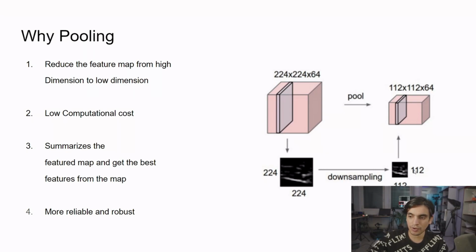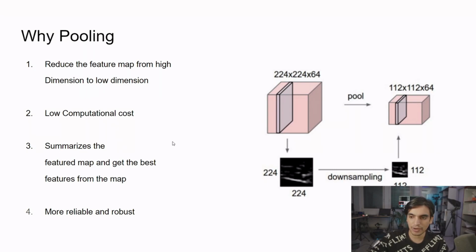This also helps us to reduce the computational cost. For example, in the next layer, if we perform the convolution on the image with the bigger size, it will take more time. If we perform the convolution on the smaller image, it will take less time. So this is how pooling also helps in reducing the computational cost.